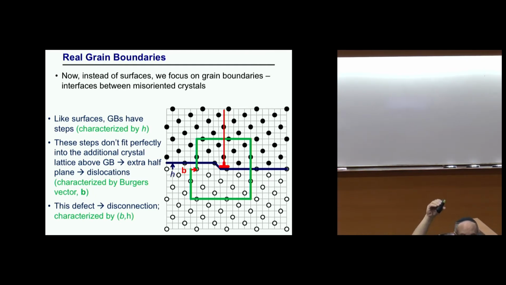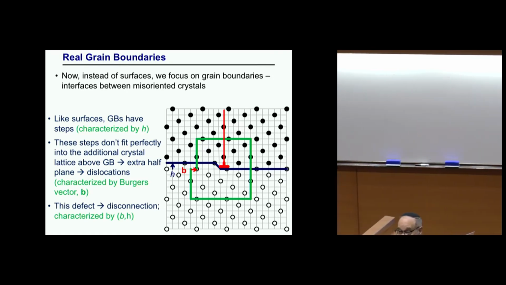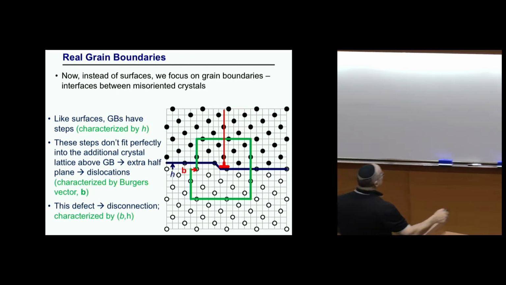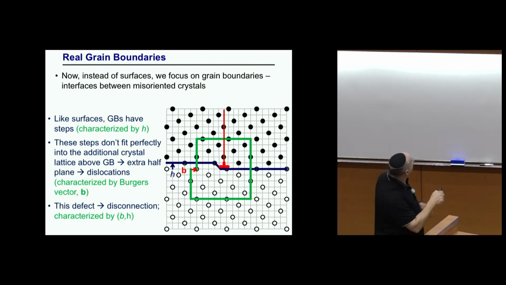The steps can't move into the crystal or into the gas, so too disconnections are constrained to lie on the grain boundary. Okay, we're good? Okay. So this object here, this disconnection, is characterized both by the Burgers vector and the step height.